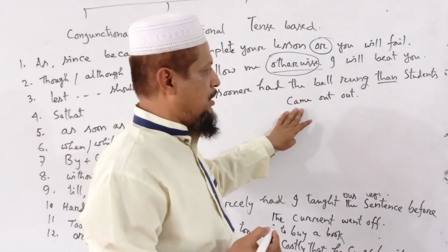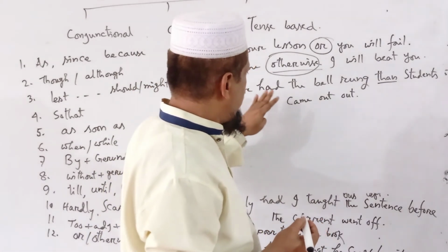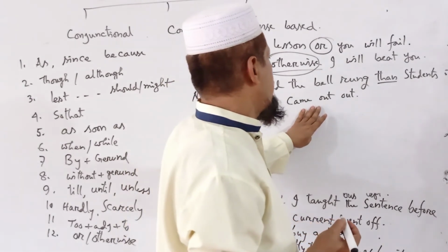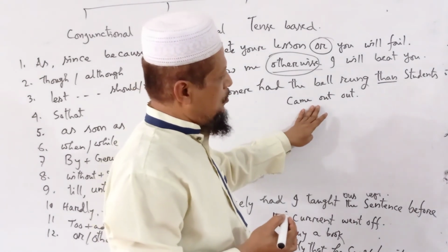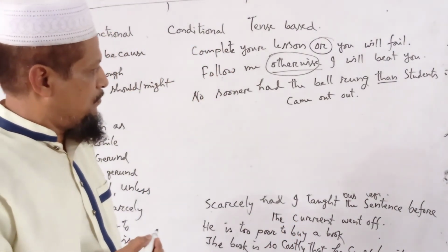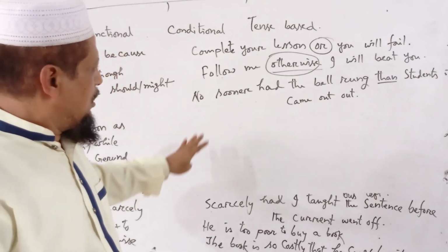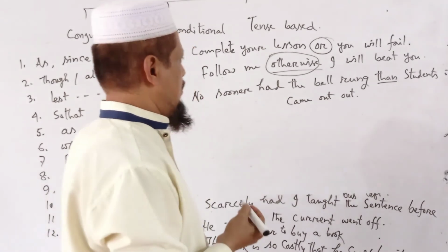Here no tense form is allowed except past indefinite. If the first clause is past perfect, then the second clause must be past indefinite. You have no choice to put in another tense or form. You should remember it. If you deviate from the rule, then your sentence will be mistaken.